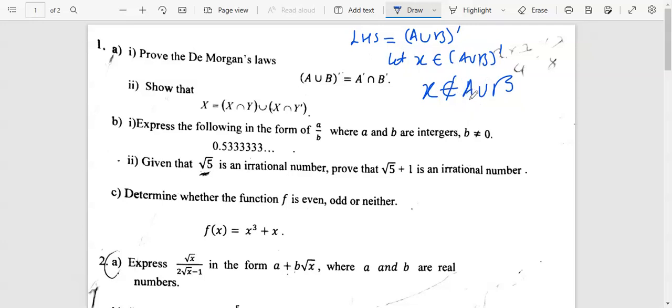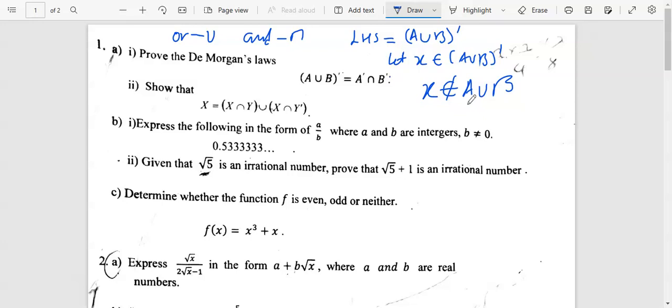And then from here, what are we going to do? Since x is not a member of A union B, we need to know that union will be represented by the word "or", and the word "and" means intersection. Now in such a case like this one, since we are saying not a member, "or" doesn't represent union in this case.